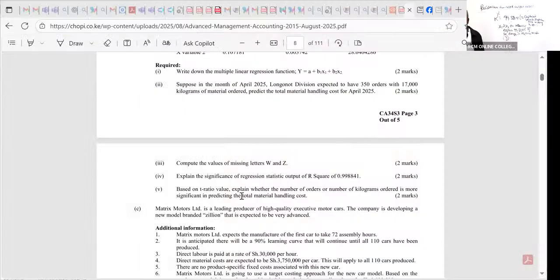So the last question: based on the T ratio value, just the T ratio value, they don't want you to get the T tables. Based on the T ratio value, explain whether the number of orders, which is X1, or the number of kilograms ordered, which is X2, is more significant in predicting the total material handling cost.